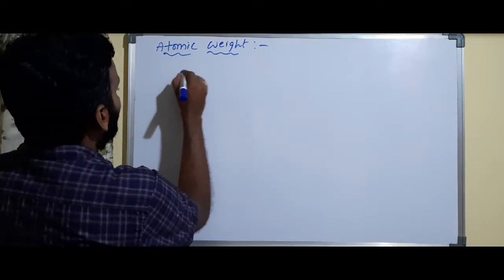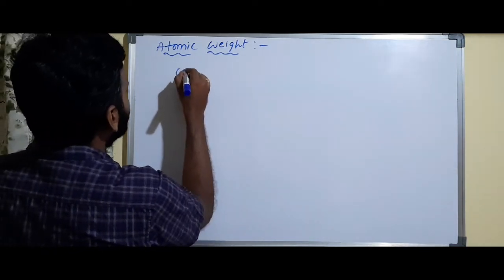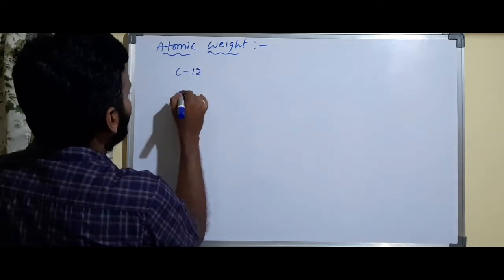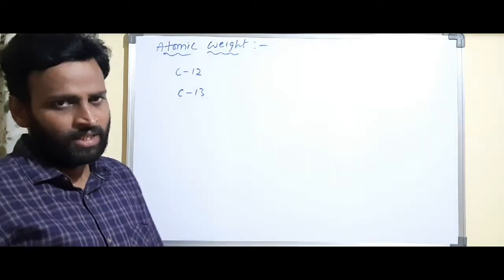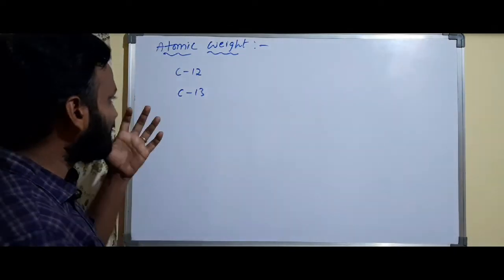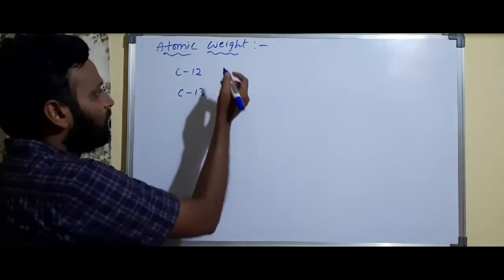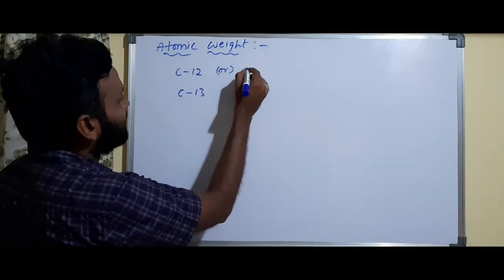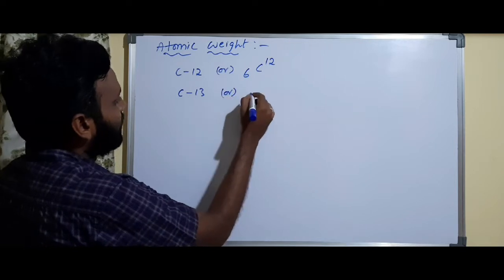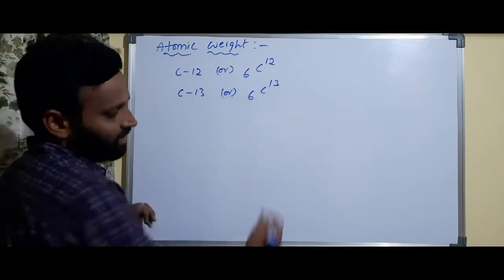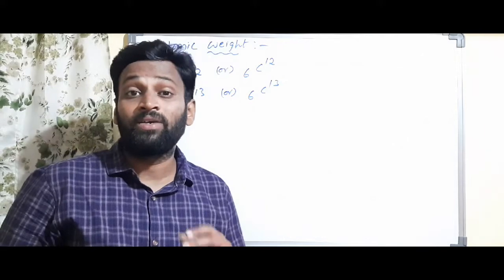Suppose you have carbon 12 and carbon 13, the two isotopes. Carbon 12 and carbon 13 can be represented as 6C12 and 6C13. So carbon is available in two ways.